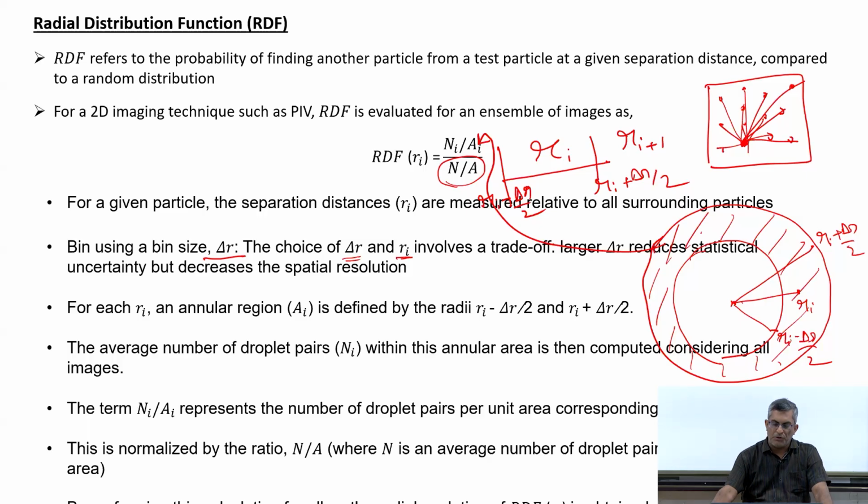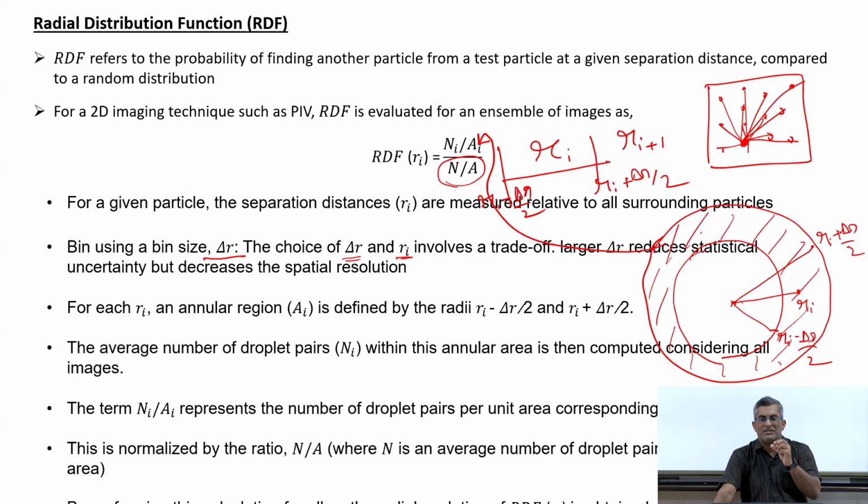Now, here you can argue that how can we call this as number density, because number density is number per unit volume, not area, but we are doing this approximation in case of 2D imaging. You do not have 3D information.